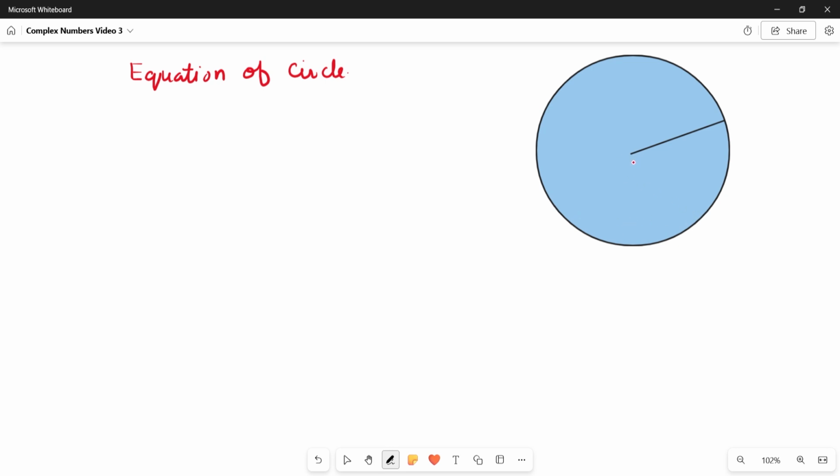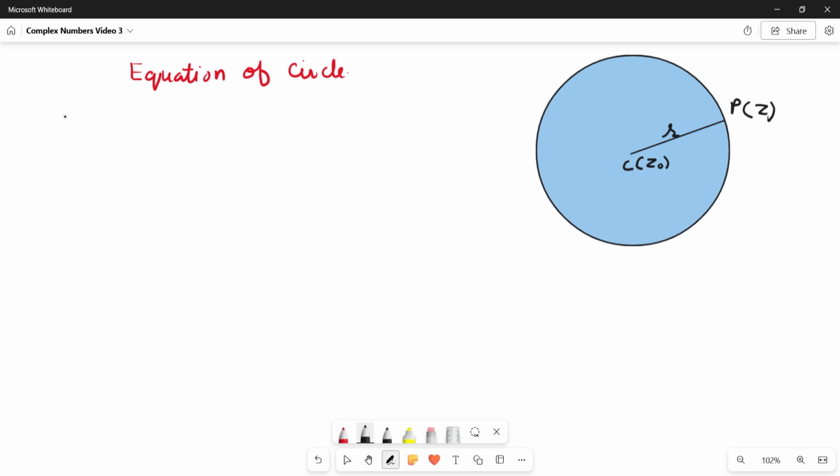Let this be the center of the circle, and P be any point on the circle. Center is represented by Z0, a complex number, any fixed point, and z be any complex number whose locus is on the circle and the radius is r.